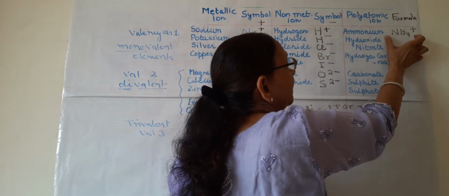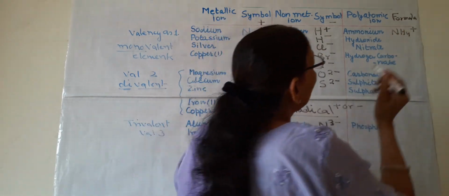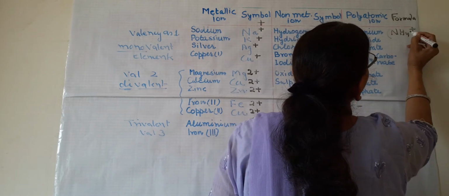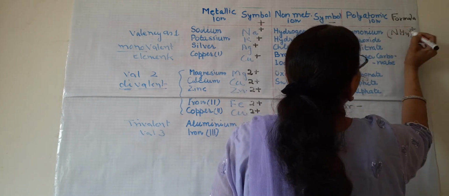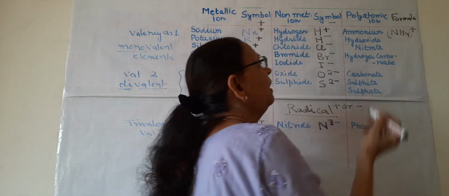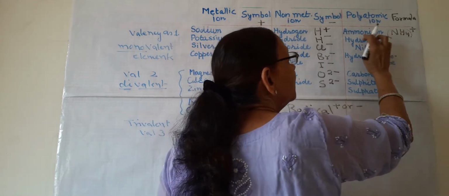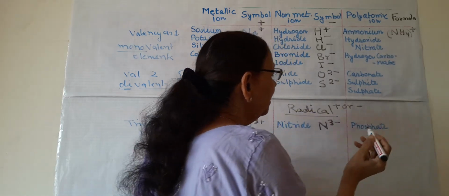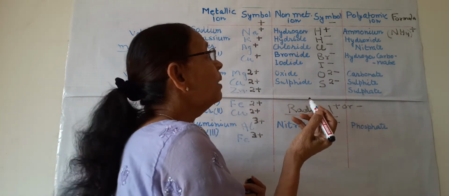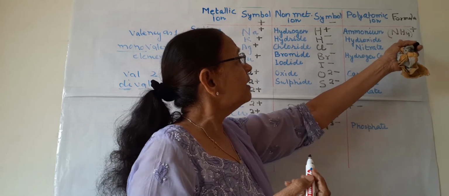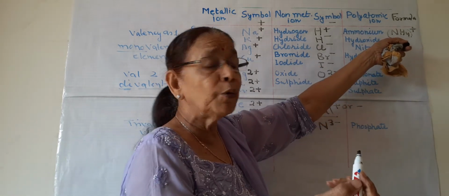We can write a polyatomic ion like this, or we can write it in brackets also, but normally we write without brackets. NH4 is ammonium. Do you know the formula of ammonia gas? Ammonia gas is quite different from ammonium.